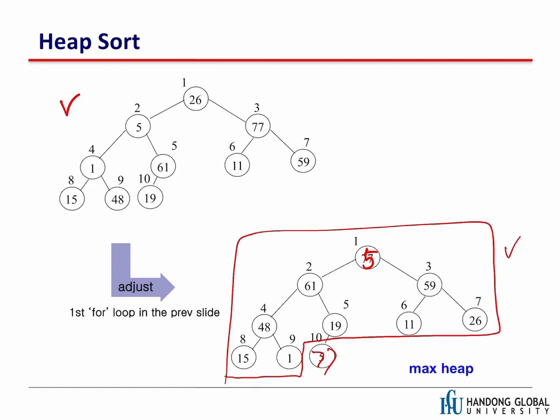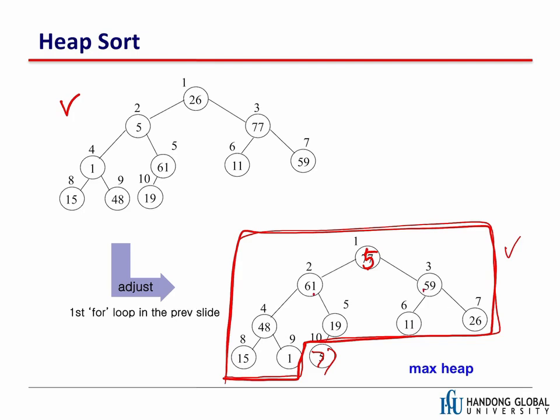So it means we focus on this subtree. And 77 is already sorted, and then we are going to adjust this complete binary tree to be a max heap.